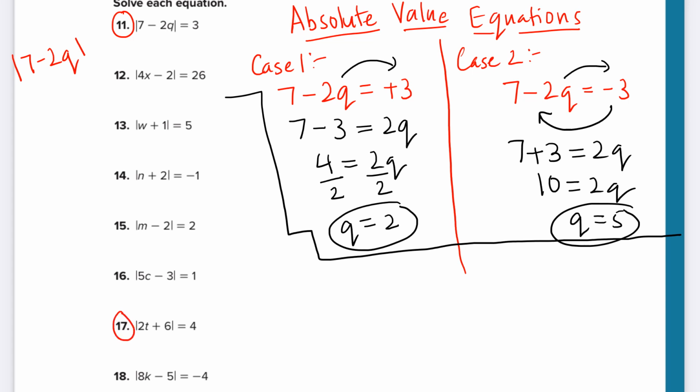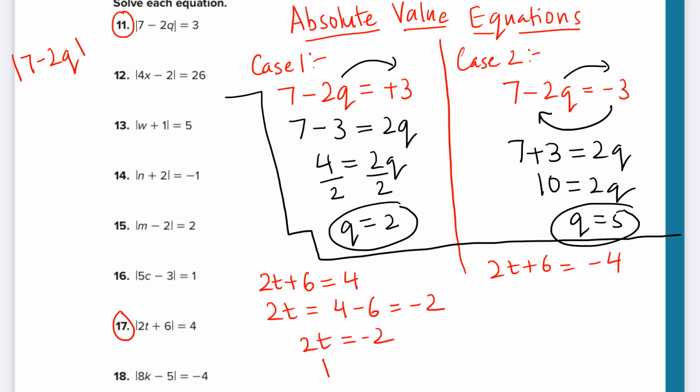Let's do this one. So 2t plus 6 is equal to 4. That's the case 1. And 2t plus 6 is minus 4. That's the other case. So 2t is equal to 6 goes on the other side. 4 minus 6, which is minus 2. So 2t is minus 2 or t is minus 1.